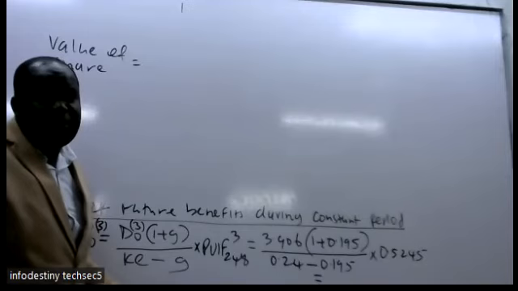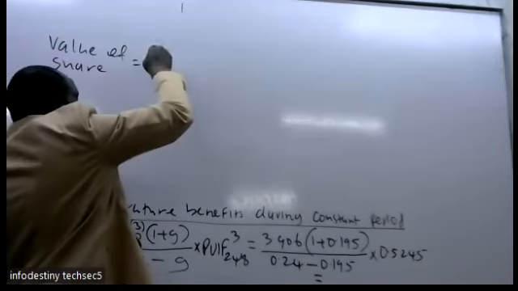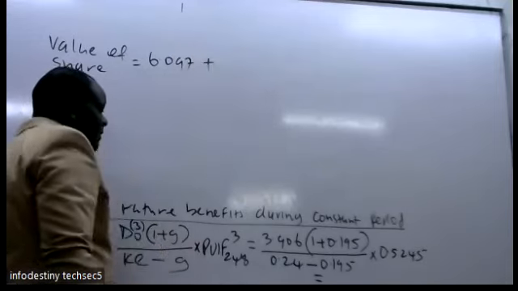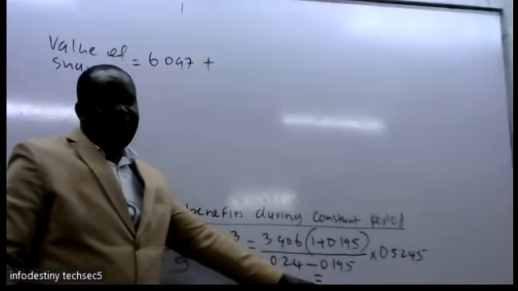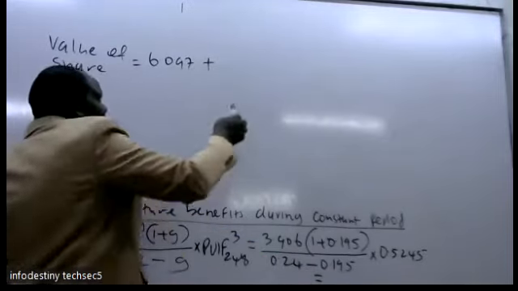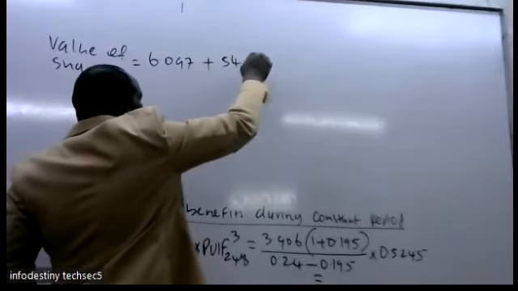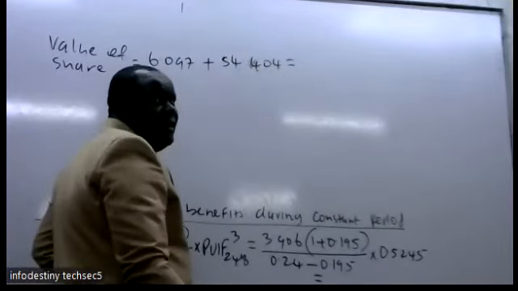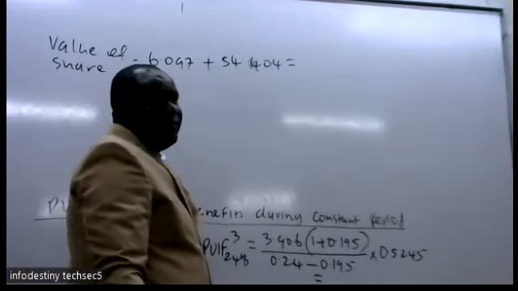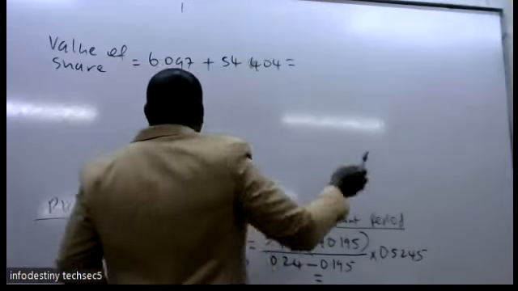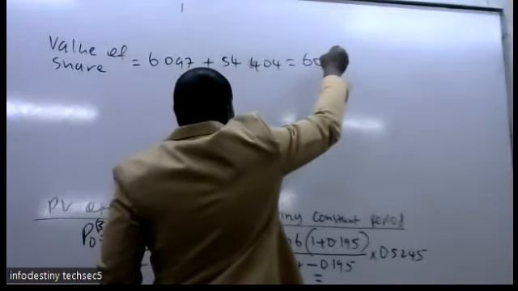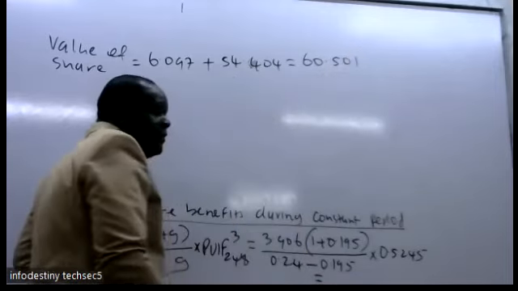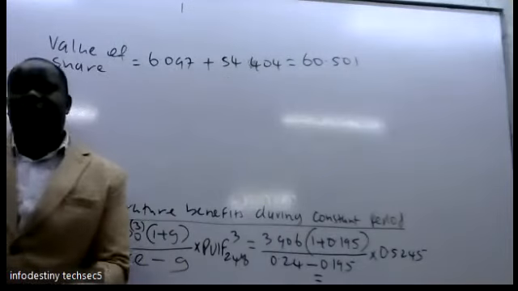You said it was 0.977 like that. Yes. Then this gives us how much? 4.404. Then when you add them together, they end up giving us which value? 60.501. So that is now our value of the share.